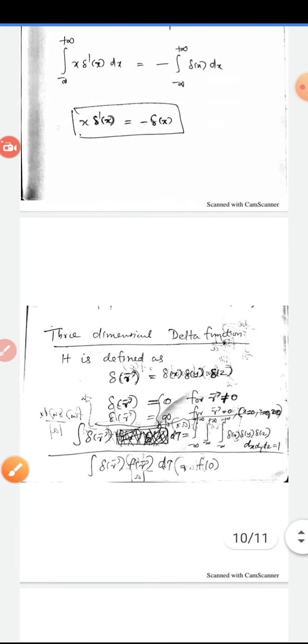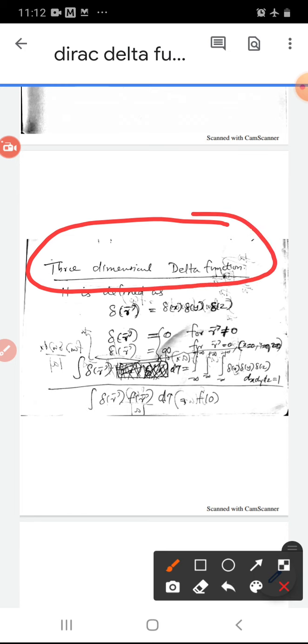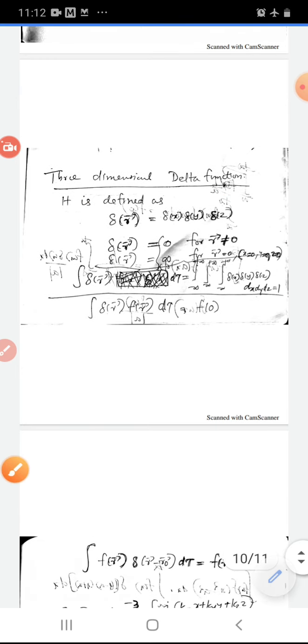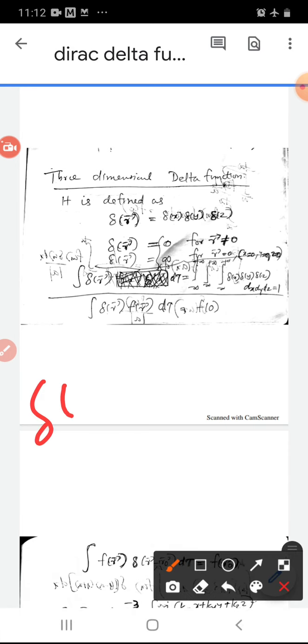Okay, now let's look at the three-dimensional Dirac delta function. Three-dimensional Dirac delta function, it is defined as delta r. This is three-dimensional Dirac delta function.